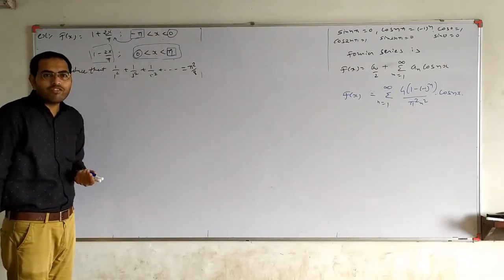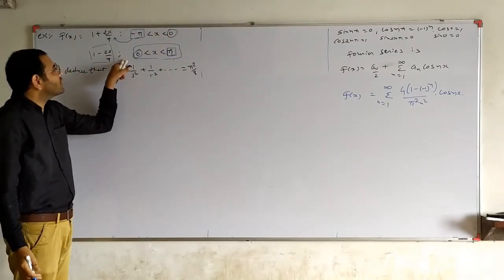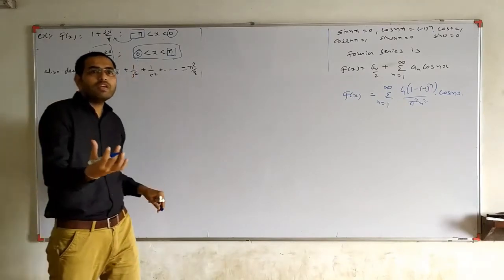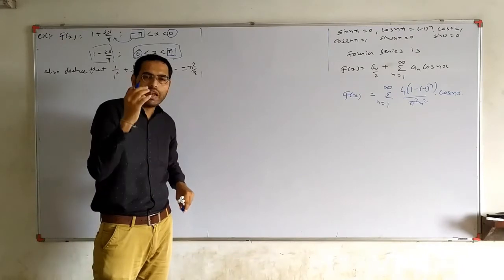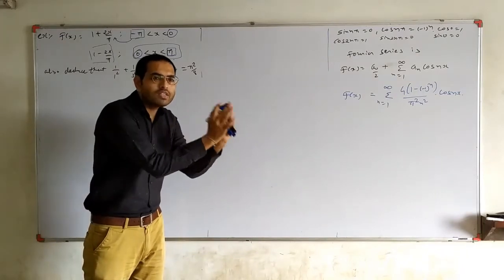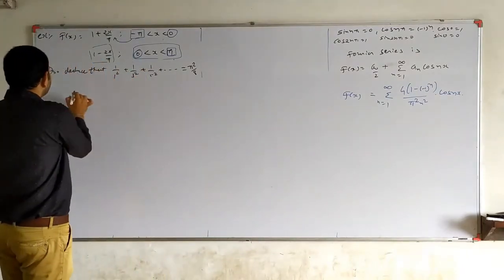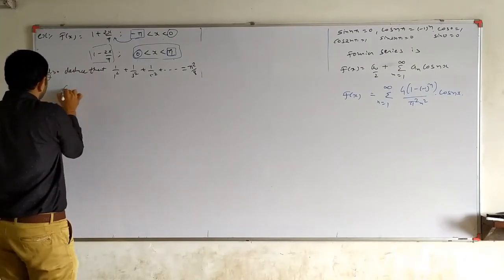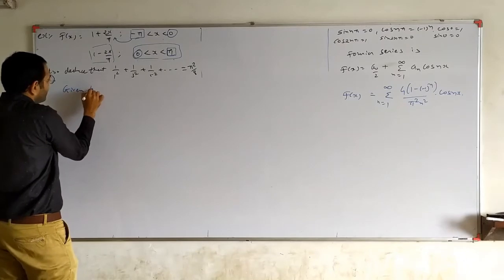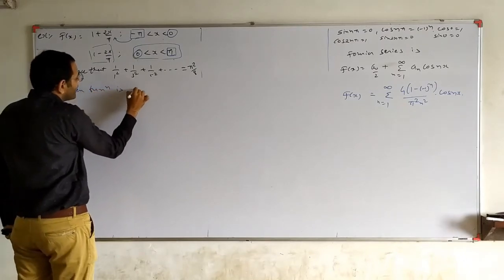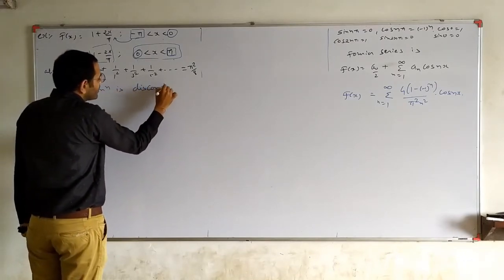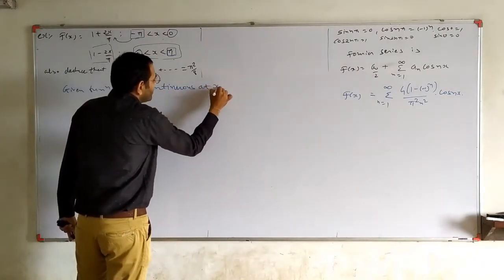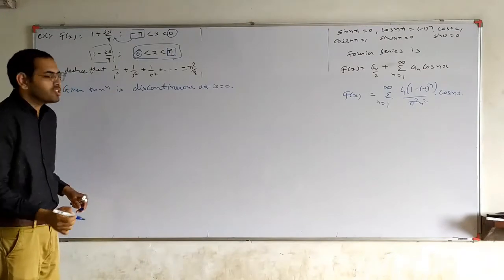We cannot identify the function directly at position 0, so we will find the value of the function at 0. We can say that the given function is discontinuous at x equal to 0.